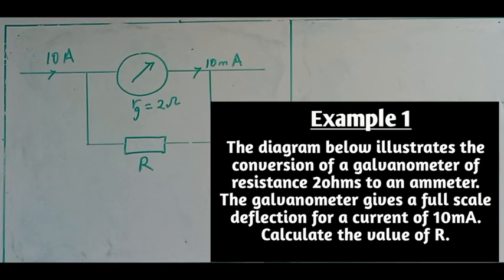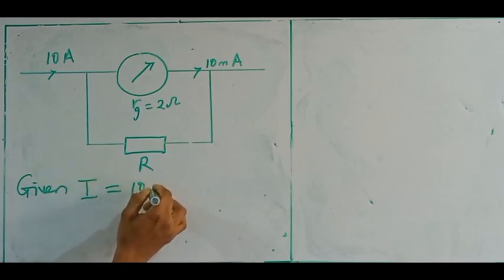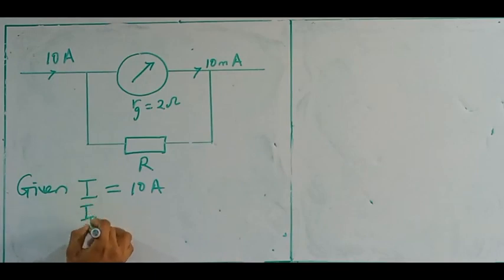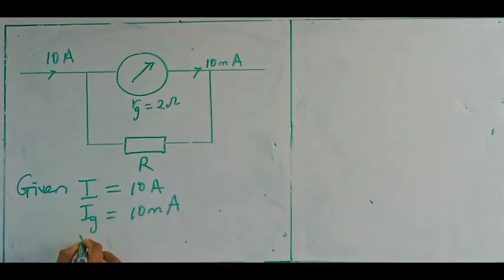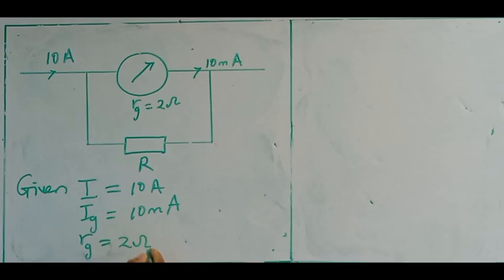Calculate the value of R. Let's write out everything we are given. The total current I is 10, the current through the galvanometer is 10 milliamperes. Milli is 10 raised to power minus 3. The resistance of the galvanometer is 2 ohms.